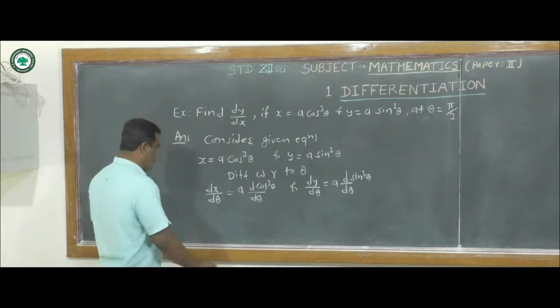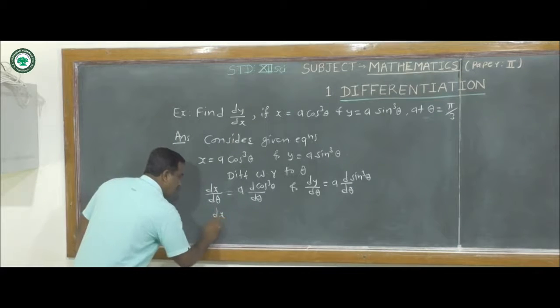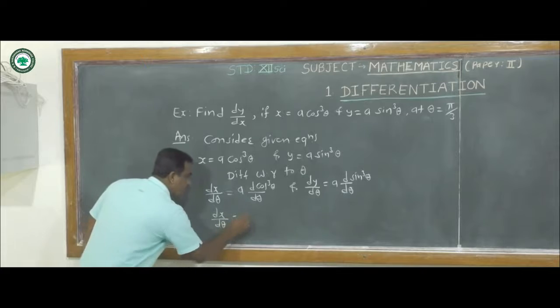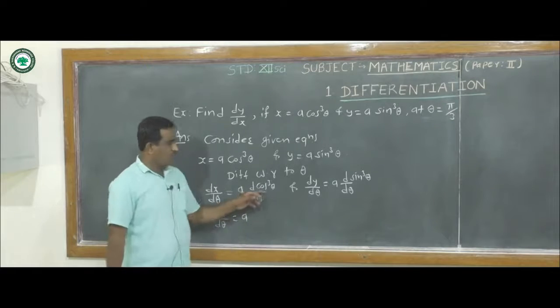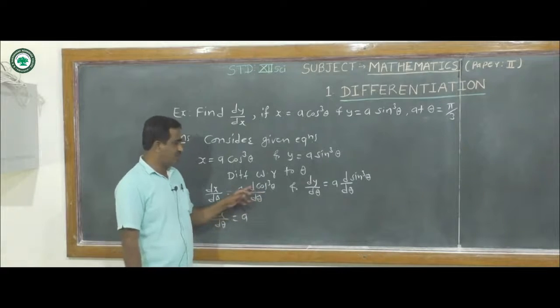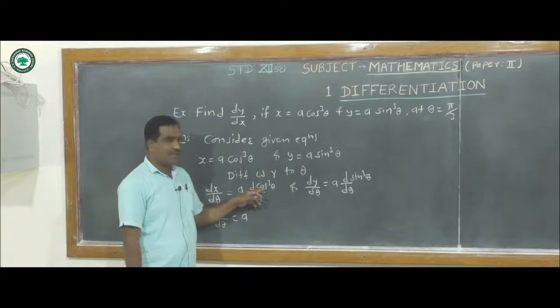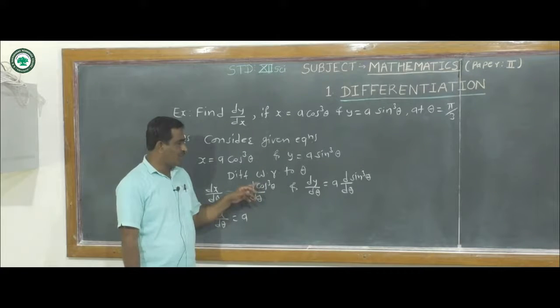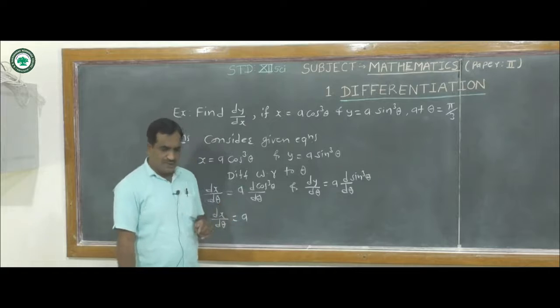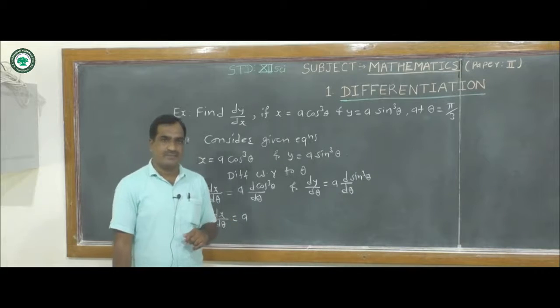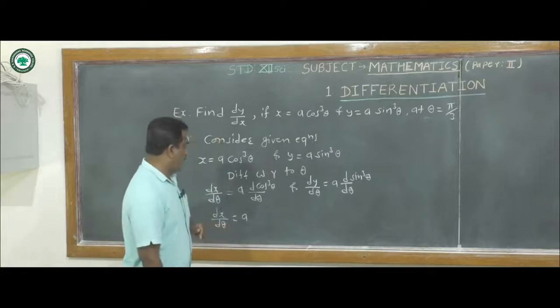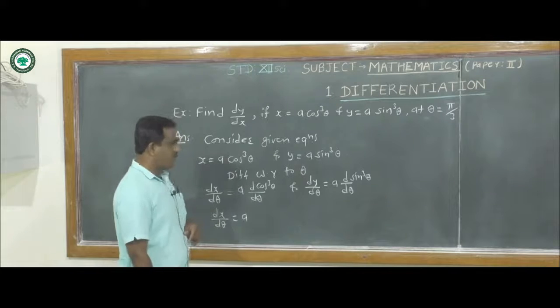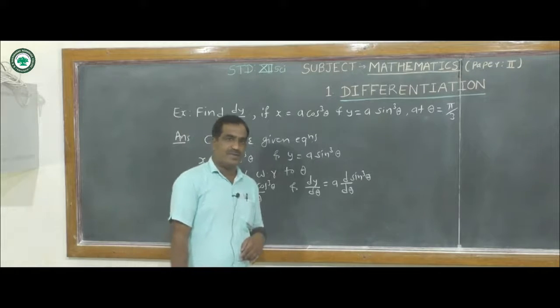Now further, dx by d theta is equal to a into cos cube theta. This is a composite function. Suppose cos theta bracket square. Now cos theta is f of x. Then we know that the derivative of f of x raised to n is equal to n into f of x raised to n minus 1 into f dash of x.